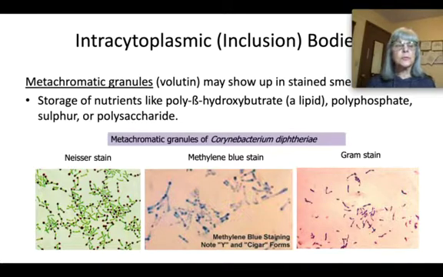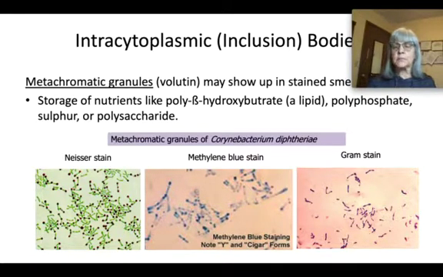Those are your metachromatic granules, okay? The methylene blue is not quite as nice as the first stain, but if you look at it, the lighter shaped rods are going to be your bacterium. And that dark solid blue, they do stain solid, is going to be your metachromatic granule.